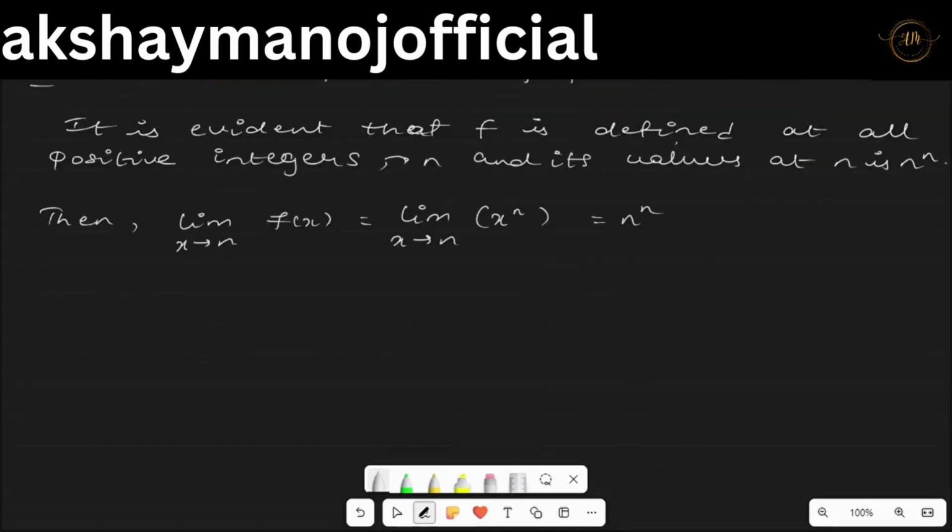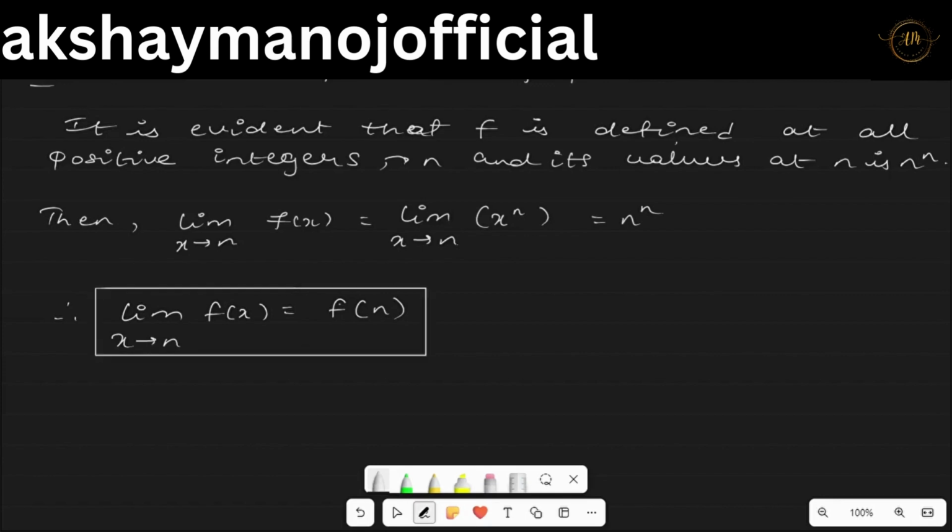So henceforth, what can we tell? Limit as x tends to n of f of x equals f of n. Right? Isn't this the condition for a continuous function? For a function to be continuous, this is the major condition, right?